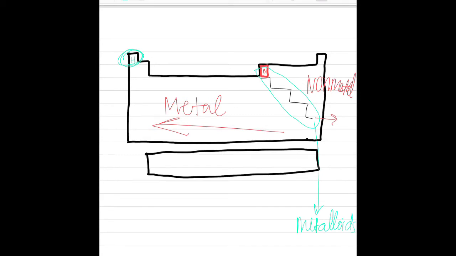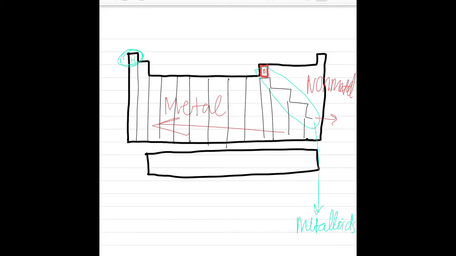Something else that I would like you to know. On the periodic table itself, there are these columns all over the place like this. I'm not going to fill these in, I'm just doing a rough sketch here. Okay, you get the point. And then we've got all of these rows as well.